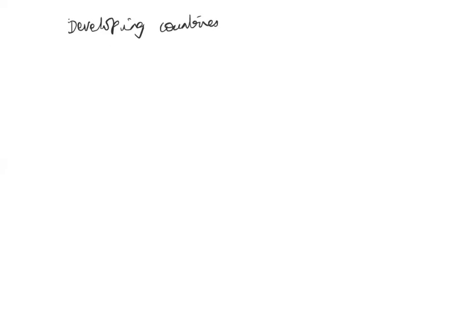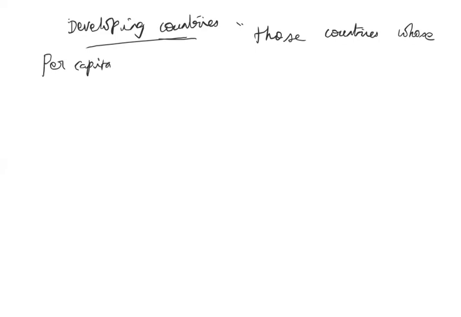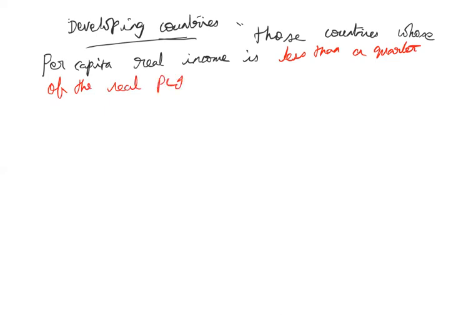Before that, what is a developing country? Developing countries are those countries whose per capita real income, according to UN publications, is less than a quarter of the real per capita income of the United States, USA.